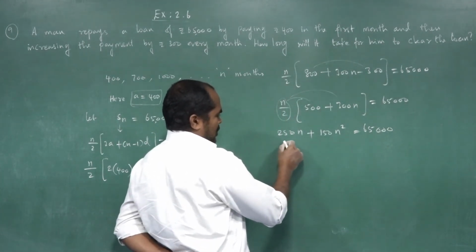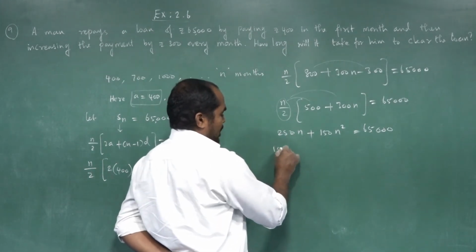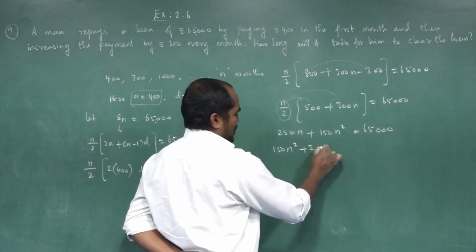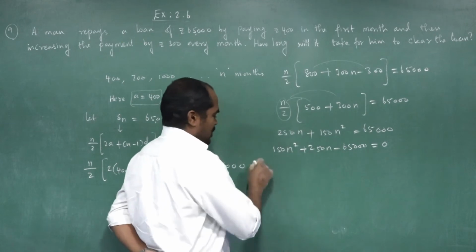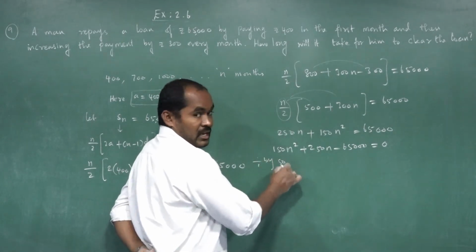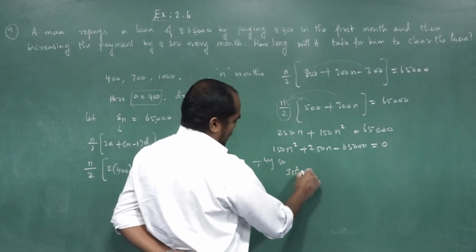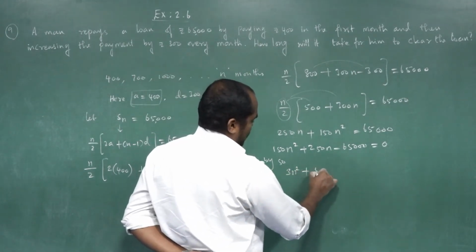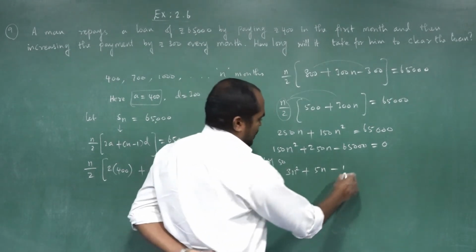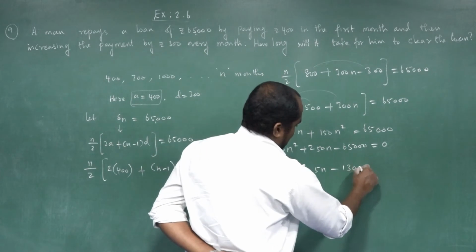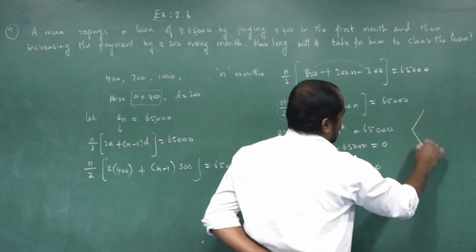So collect in order, that is n square, n and constant. We get 150n square plus 250n minus 65,000 equal to 0. So dividing by 50, we get 3n square plus 5n minus 1,300 equal to 0.